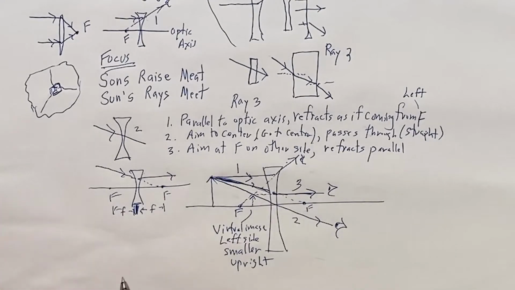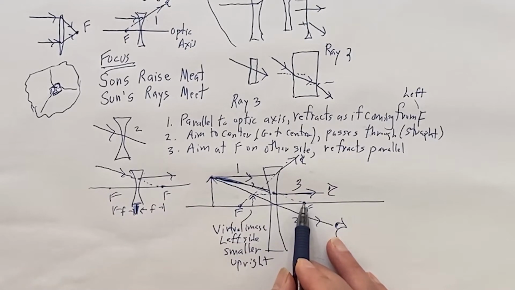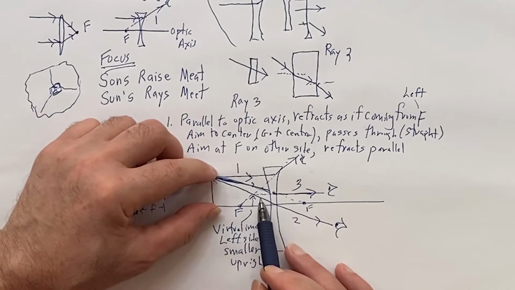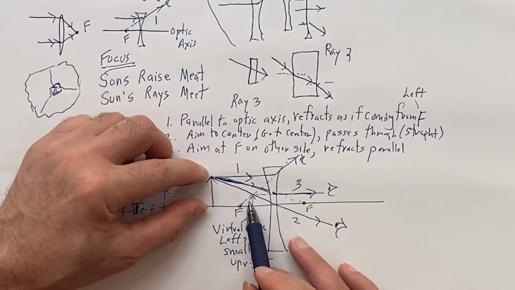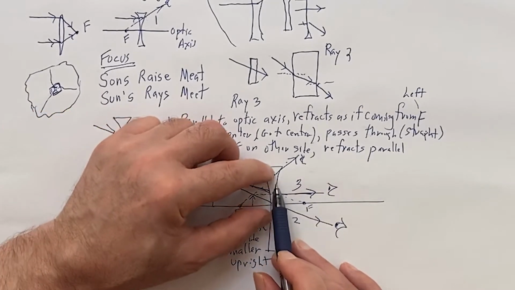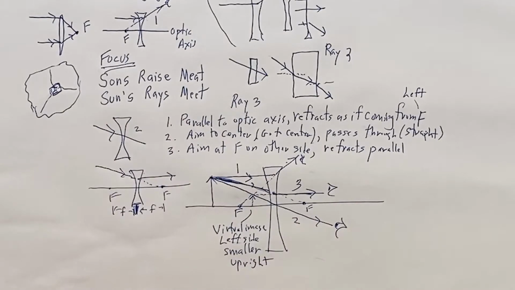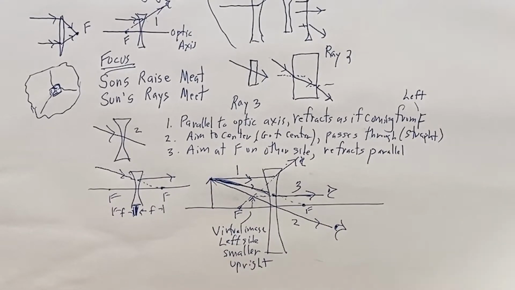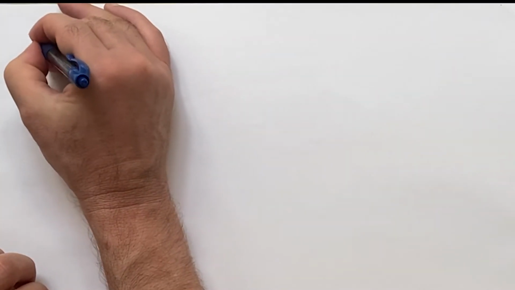So if you're at infinity, the size would be 0, and it would appear to come from the left F. So just imagine pulling this back, and this little baby here gets smaller and smaller. Then as you come in, it gets bigger and bigger, it grows up, and then it matches your size right in front of you up against the lens. Okay, so I think at this point, we're going to go for the converging lens and do the similar analysis with the converging lens. So that's section 3, and then we'll do the math at the end.